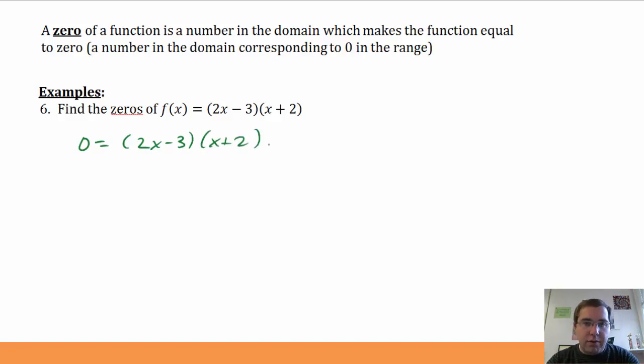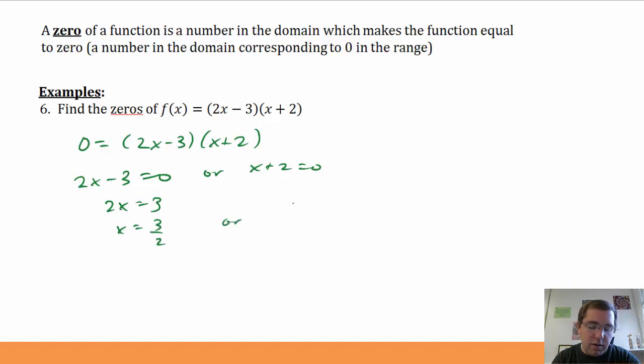And this is no different from what we've just been doing. We've got a product of things that equals 0. So that means we break it up. 2x minus 3 equals 0, or x plus 2 equals 0. If 2x minus 3 equals 0, that means 2x equals 3, and x equals 3 over 2. Or if x plus 2 equals 0, that means x equals negative 2. So my solution set is negative 2, 3 over 2.